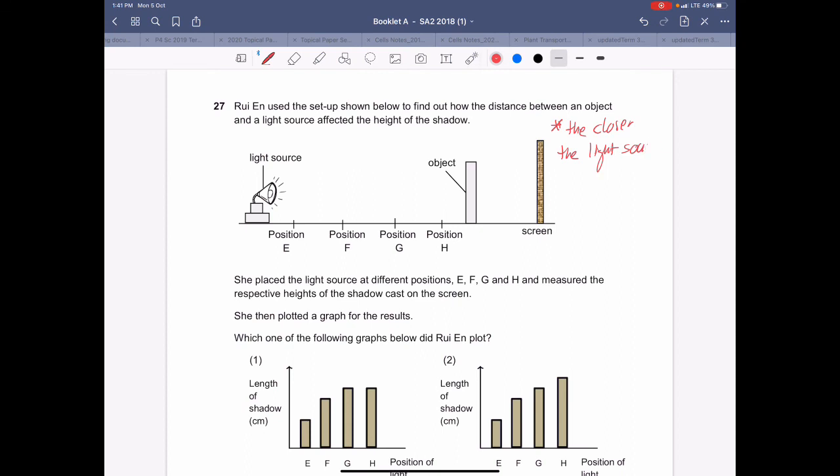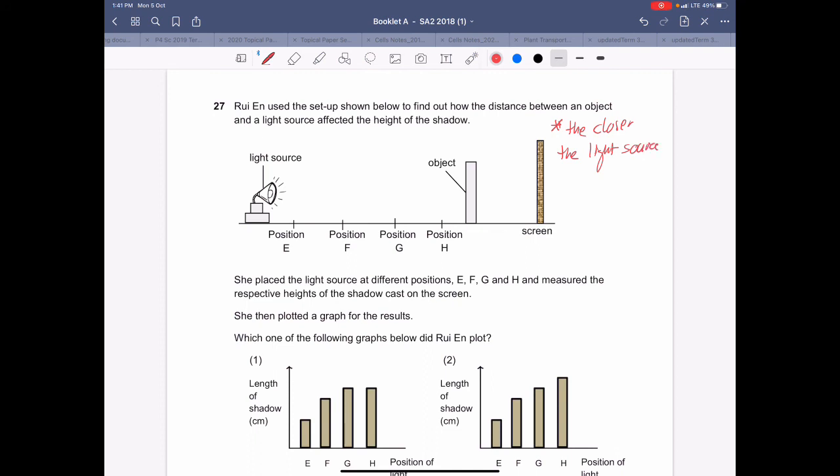So what you need to understand is that when it comes to light, or opacity, there are 3 main types of properties. You can group them accordingly. The first is transparent. Transparent allows most light to pass through. So you are able to see anything very clearly on the other side of the object.